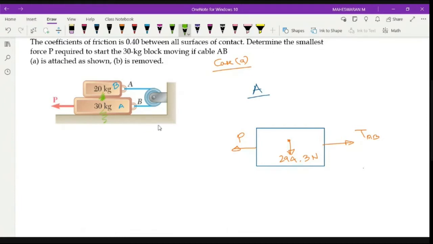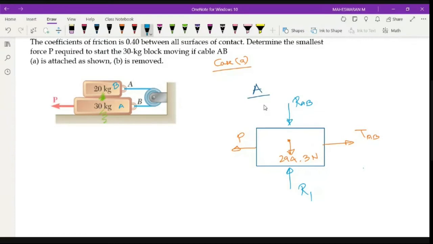So you have two reactions. The first reaction will be like this, let me consider this as R1, and the other one is like this, which is RAB. I call it RAB because it is common to A and B. So this is the situation.